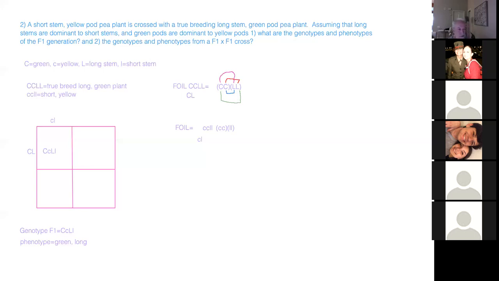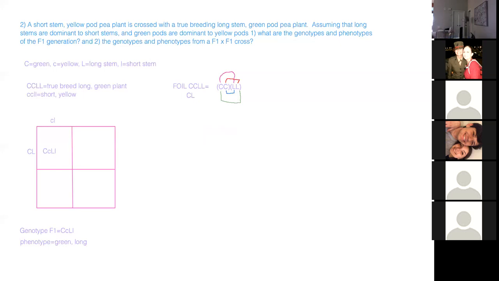But I only have one option for my F1s, right? Did we get anything out of the F1 that wasn't big C, big L, little l? No. Okay, so then I'm going to be crossing two different plants that have the same genotypes, because that was the only genotype I had available. Does that make sense? Yeah, it makes sense.